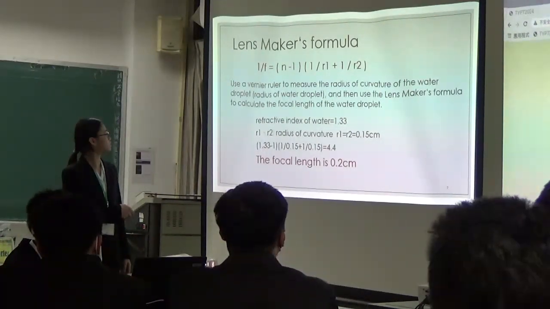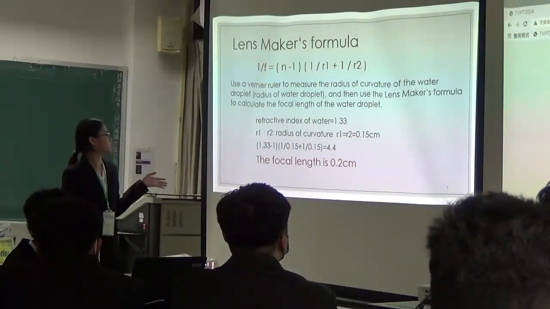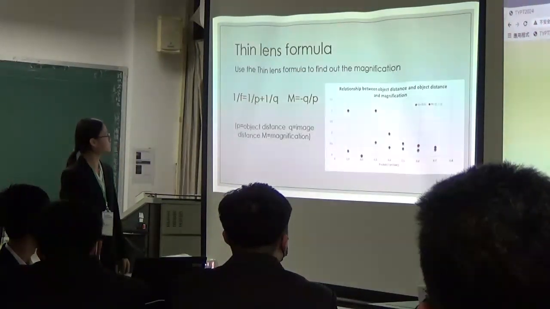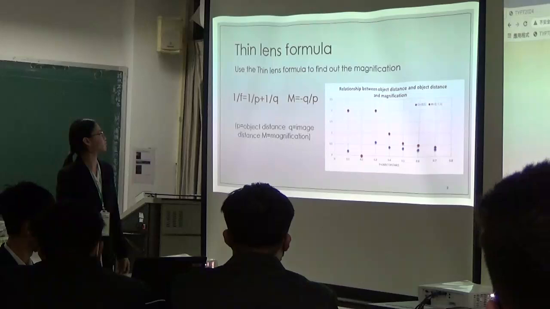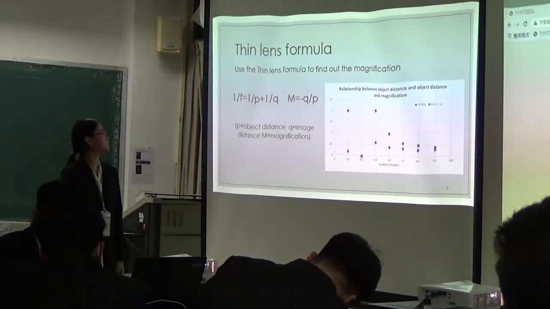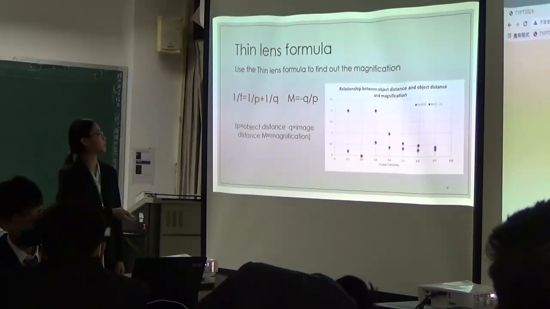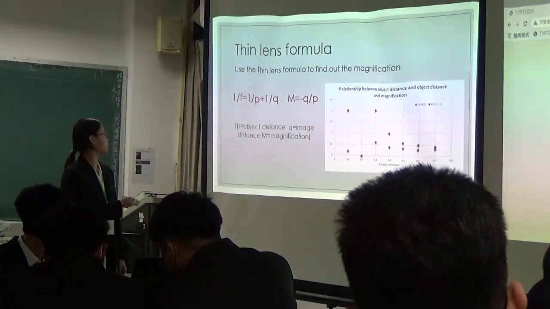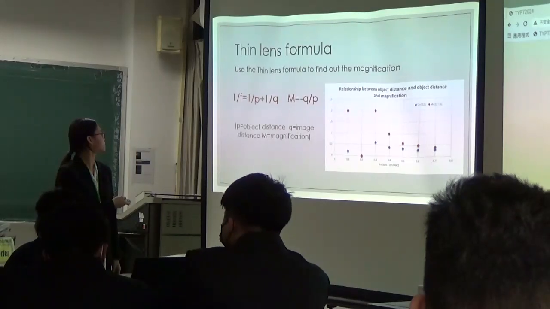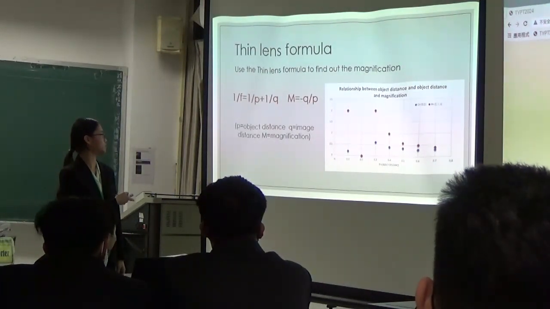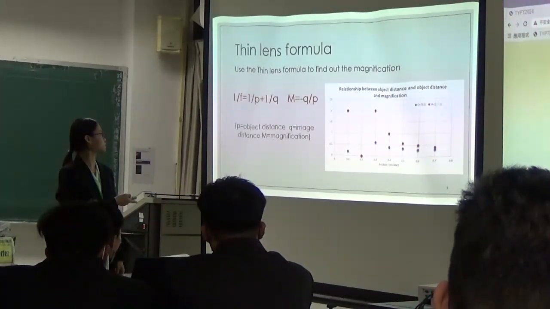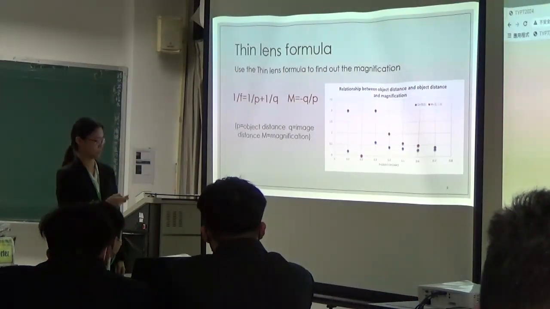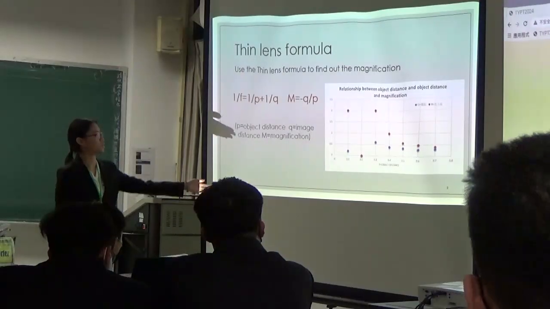And I figure out the focal length is 0. centimeter. And this is the thin lens formula. Use this formula to find out the magnification. In the formula, P represents the object distance, Q is the imaging distance, and M is the magnification. And the data is shown in the table.